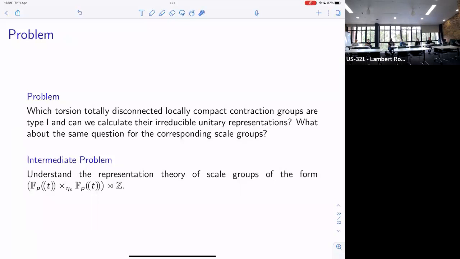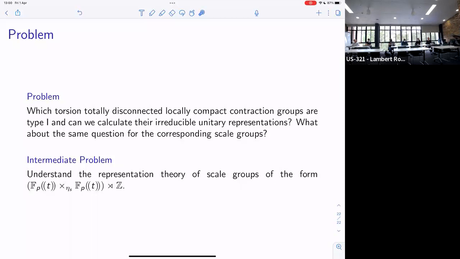Any other questions? Perhaps you could say something about the non-torsion case. Well, understanding the non-torsion case, then you're going to be looking at p-adic Lie groups.